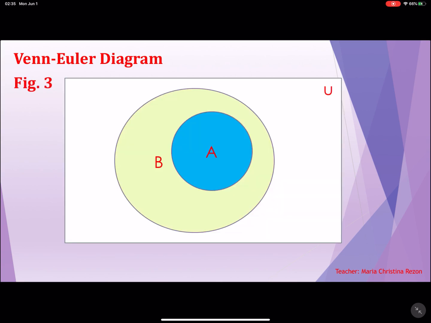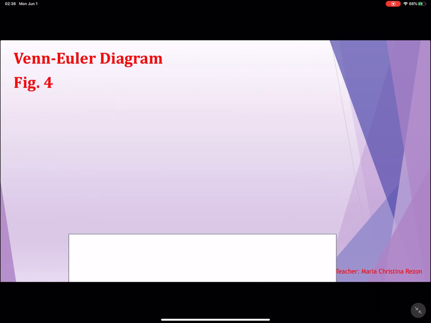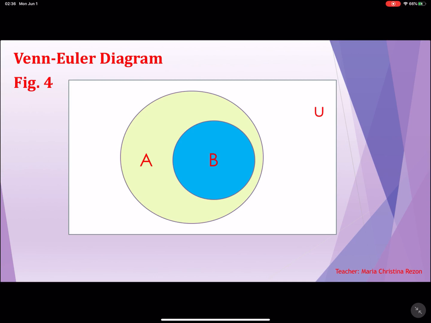If you notice, A is inside B. That means all of the elements of A are in B, and that is what we call A is a subset of B. Now, if we do the opposite, all the elements of B are in A, then you can say that B is a subset of A.